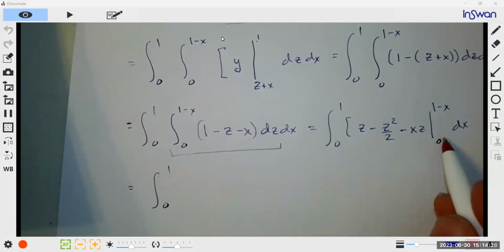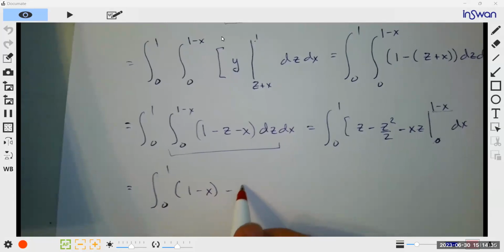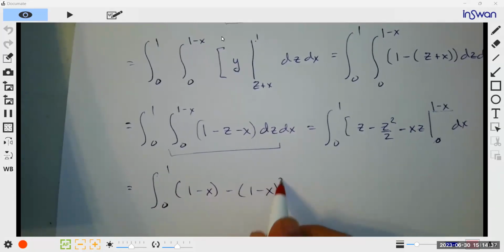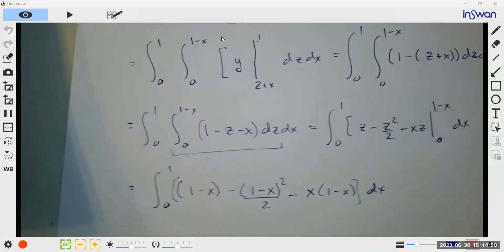Since they all have z, we have to worry about this one. So we get 1 minus x, minus 1 minus x squared over 2, minus x times 1 minus x, dx.